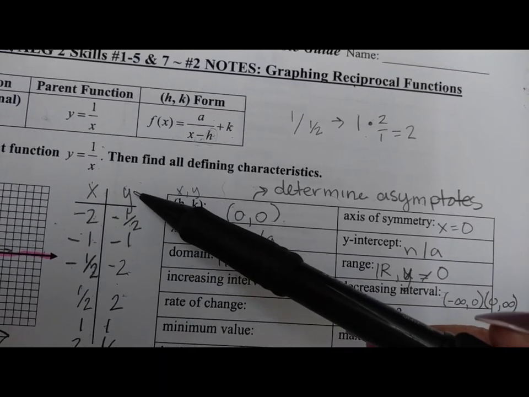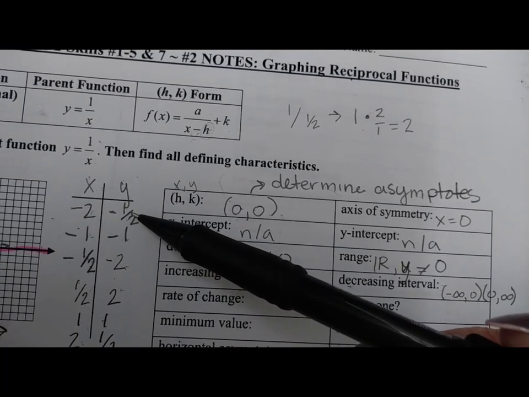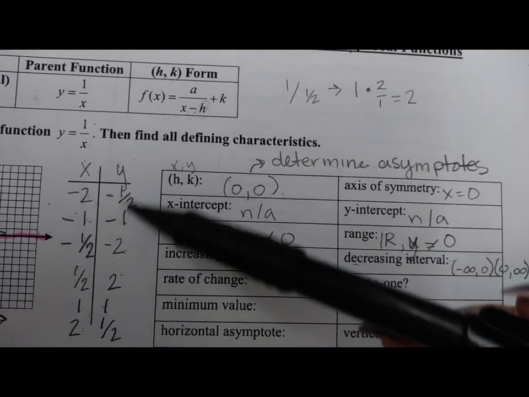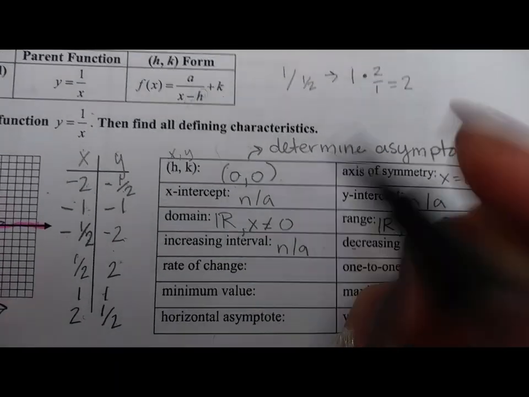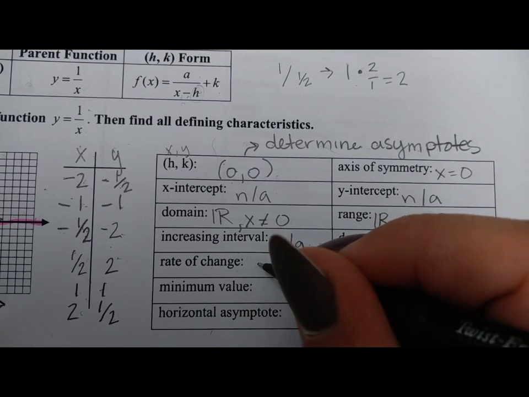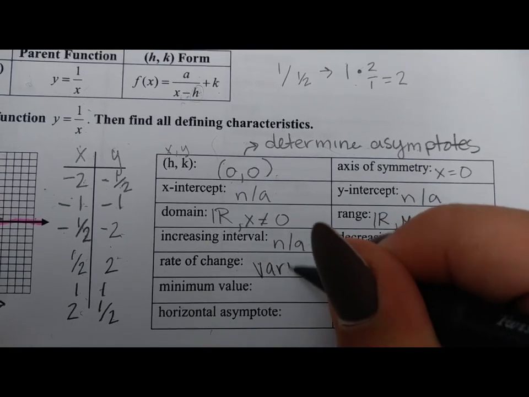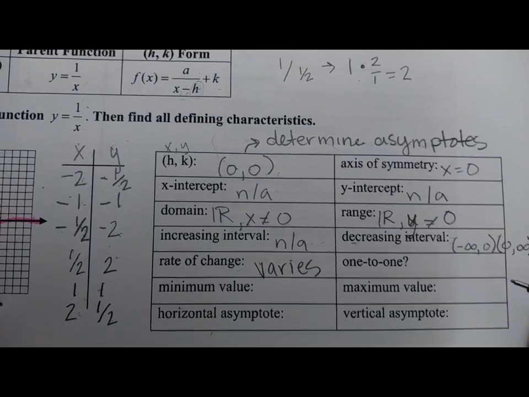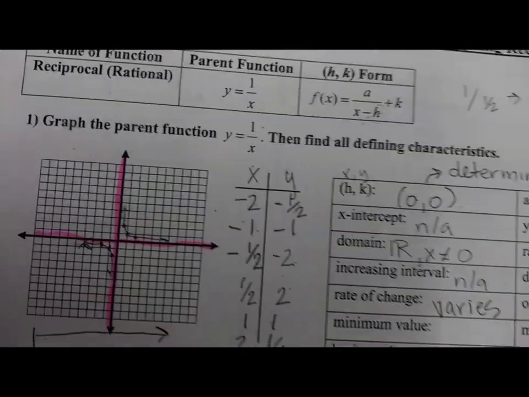So from negative 1/3 to negative half is a different difference from the difference of -0.5 and 1. So we're going to say, just like the cubic, just like the parabola, that our rate of change varies. Is it a one-to-one? Yes, it is.